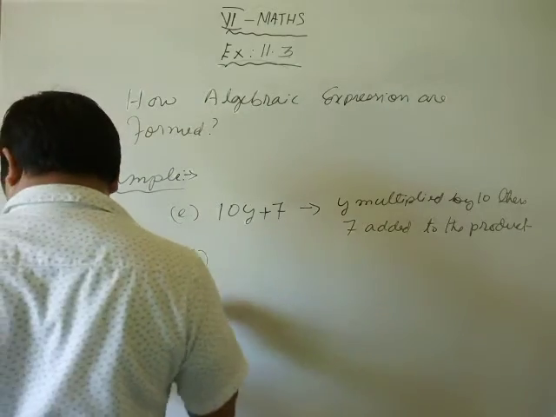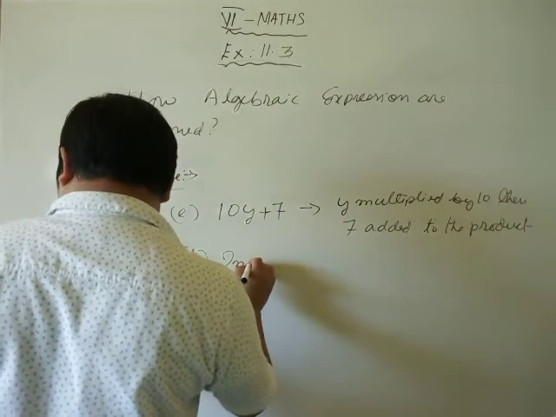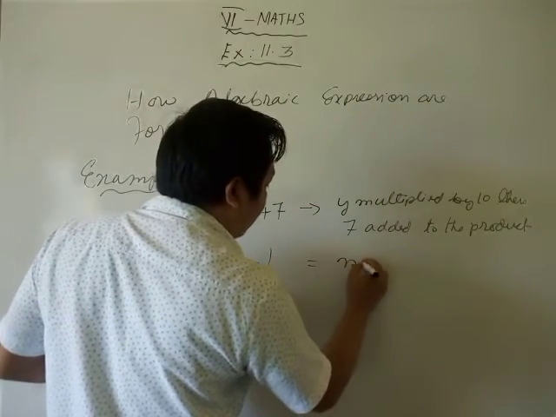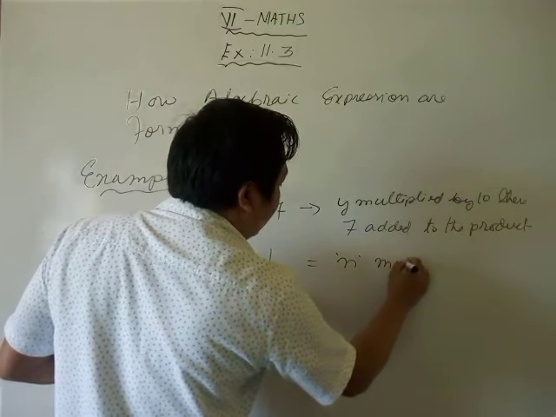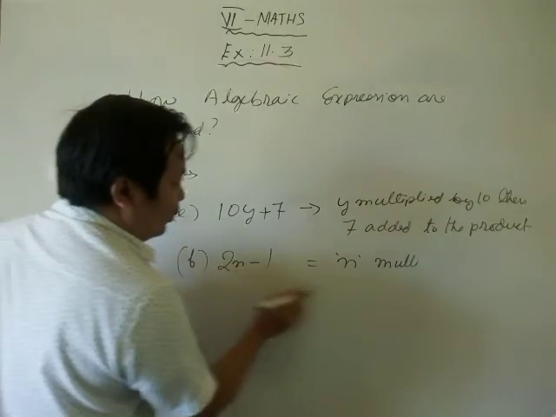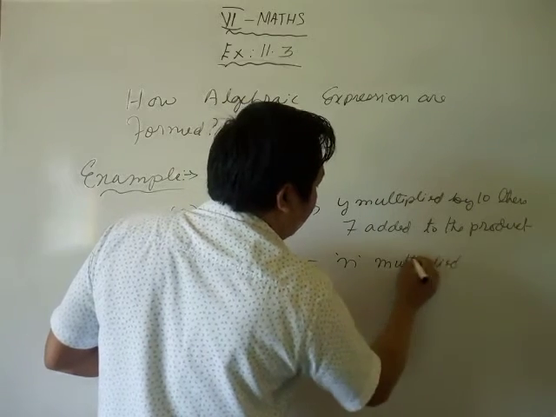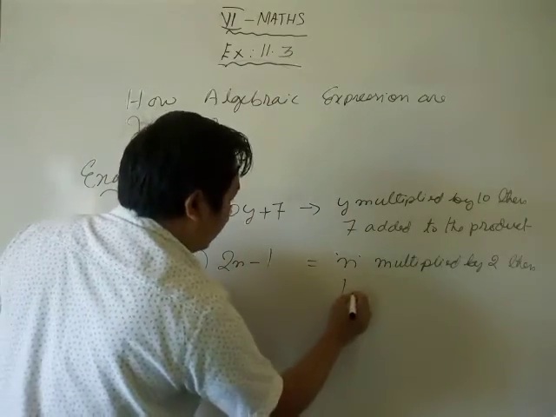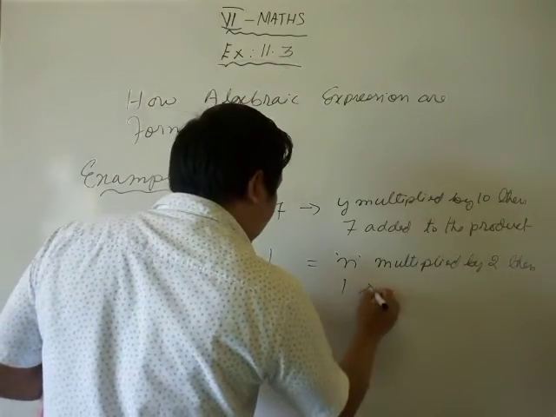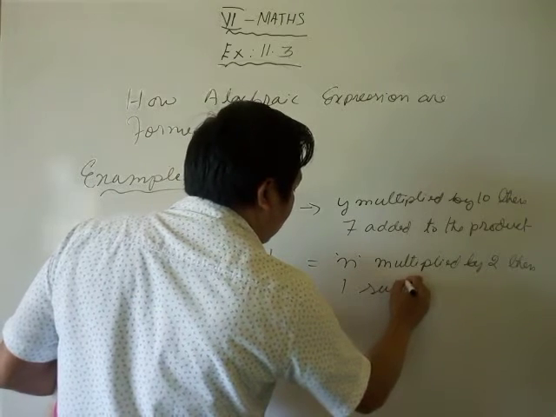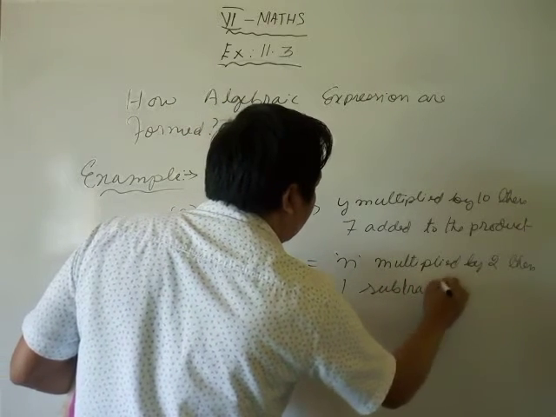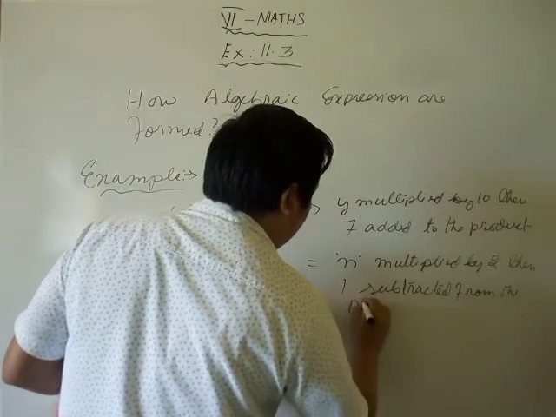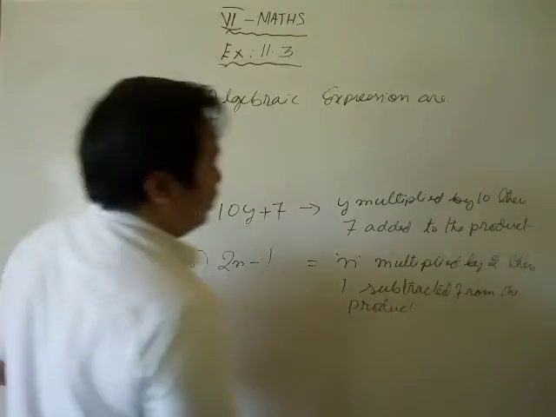Then one more thing, 2n minus 1. That means n multiplied by 2, then 1 subtracted from the product. This is what the statements are.